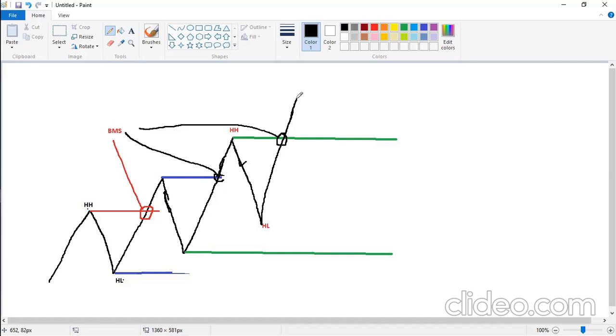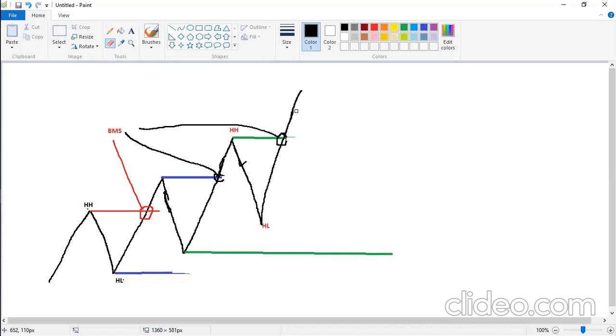Sometimes I see students make a mistake where they forget to erase this, and then when price comes down, they say it's a BMS again. No, it's not a BMS. So whenever you see the BMS, you need to erase this. You don't need this anymore. The only one that you want is the one that led to the BMS, this one only.